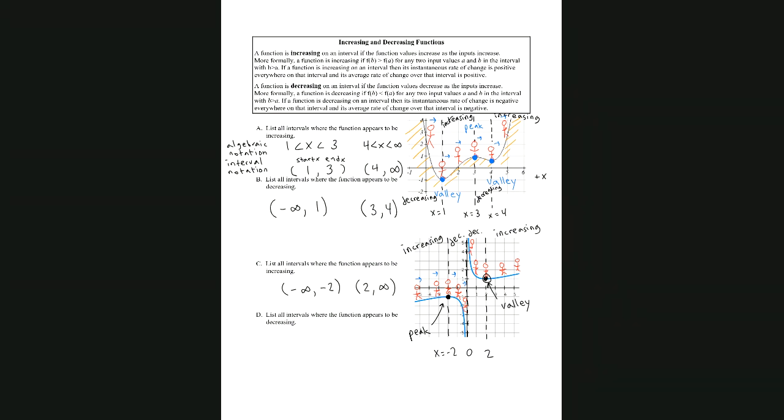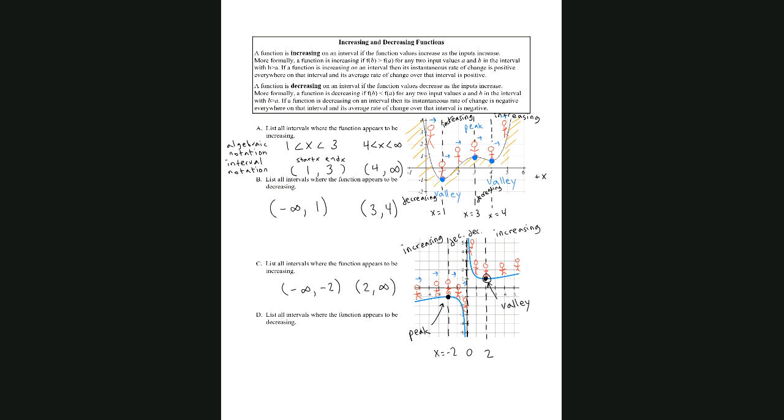And we always use parentheses with infinity because there's no real number that represents infinity. It's just a concept. And I also want to use the parenthesis with the 2 because, like I said, at that point, you can't really tell whether you're decreasing or increasing.